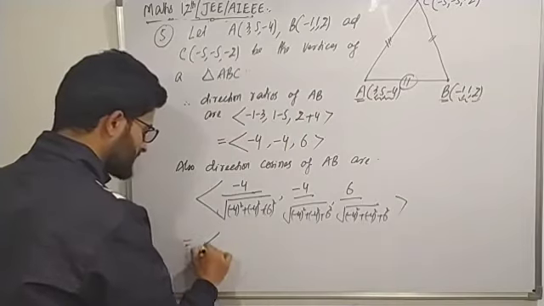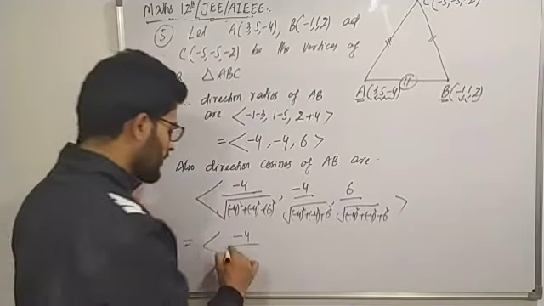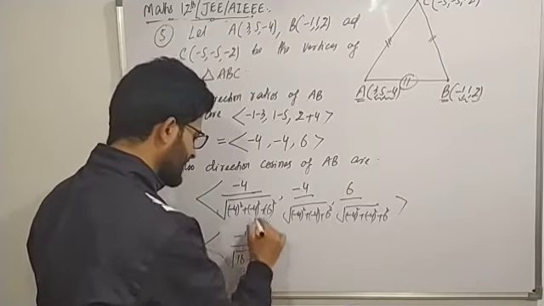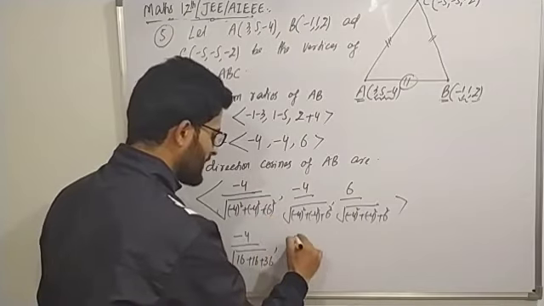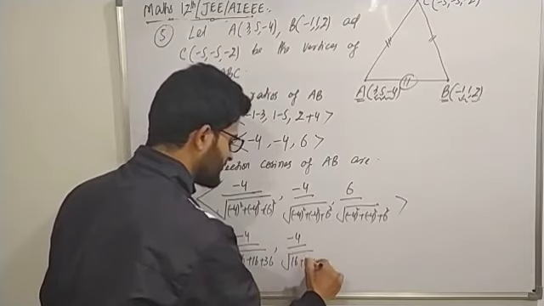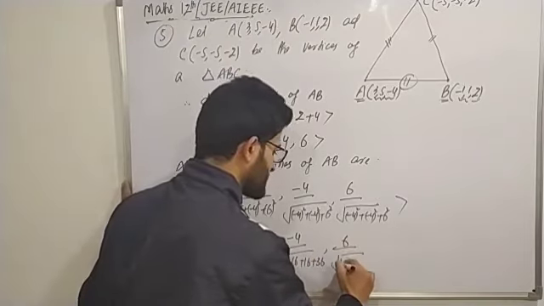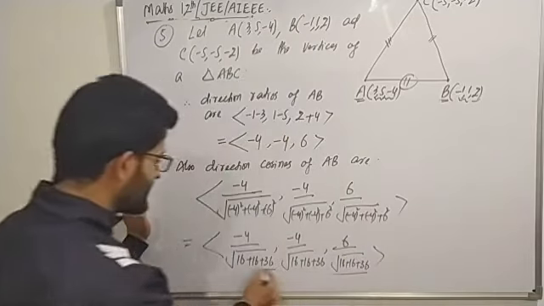That is equal to the ordered 3-tuple of -4 divided by the square root of 16 plus 16 plus 36, and likewise -4 divided by the square root of 16 plus 16 plus 36, and 6 divided by the square root of 16 plus 16 plus 36.